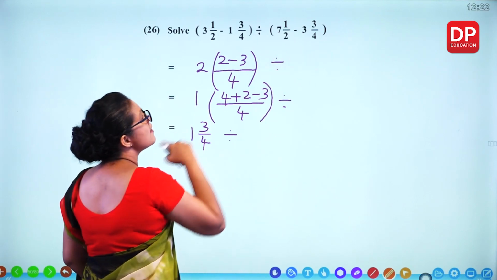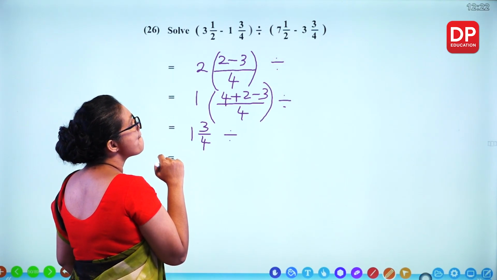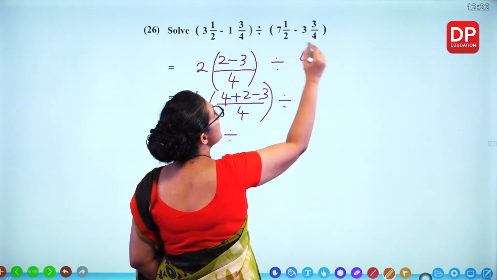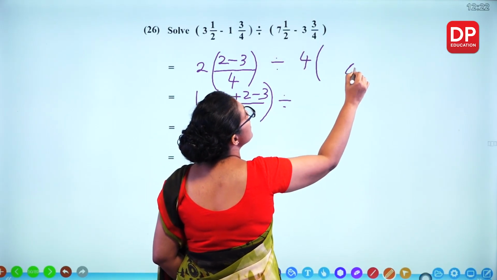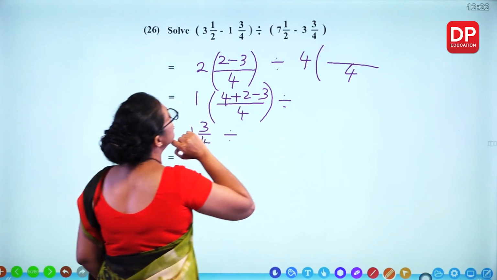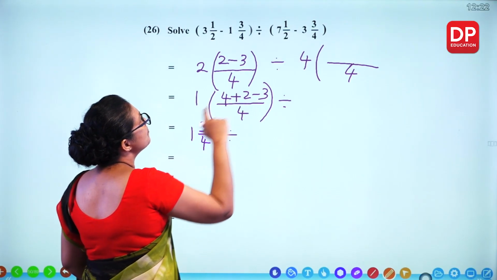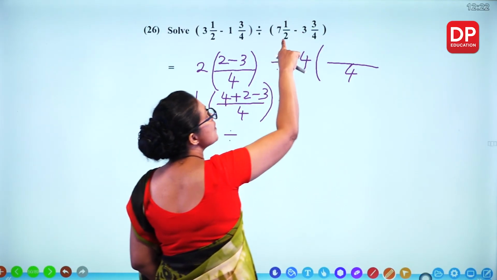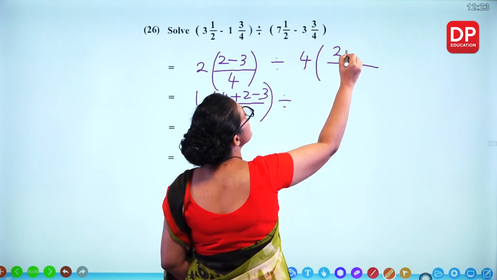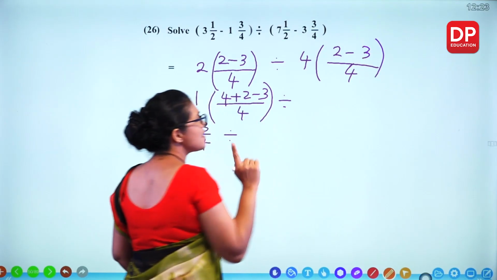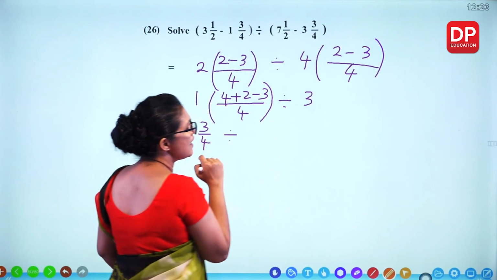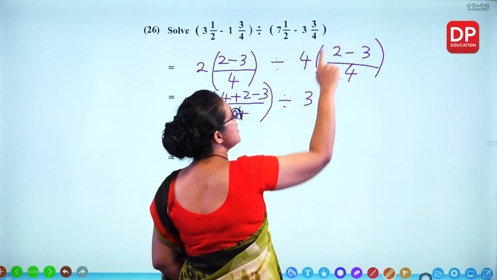This bracket 7 minus 3, again 4. You get 4 as the common denominator. So you get, convert to 4, 2 minus 3. You can't subtract 2 minus 3, you have to take 1 from that. So we'll keep 3 here and take 1 inside.